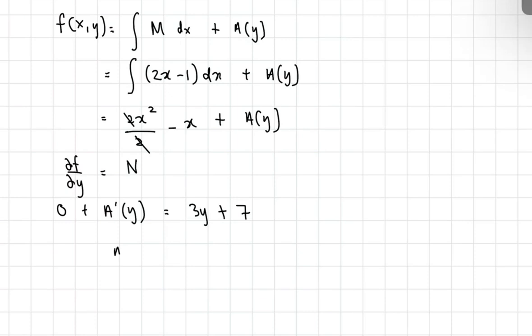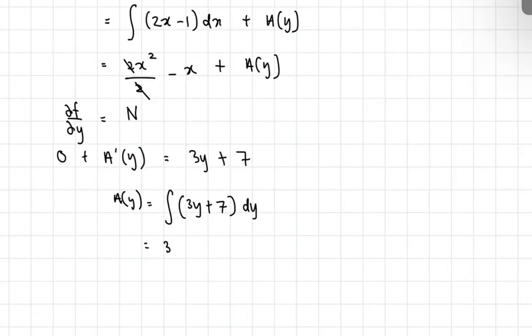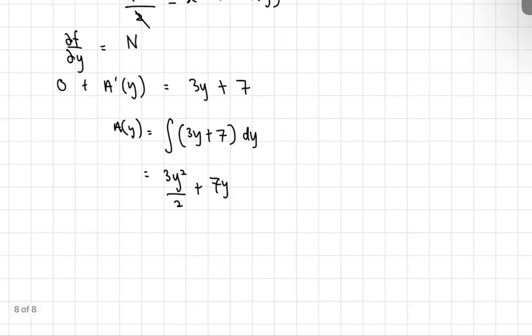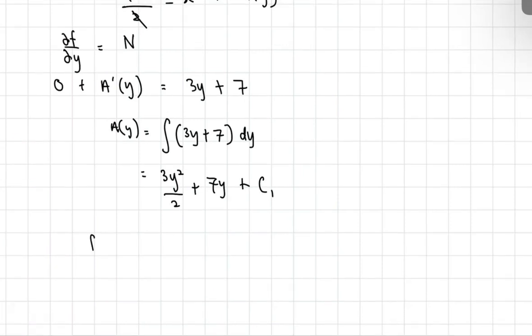So A(y) equals the integral of 3y plus 7 with respect to y. So we have 3y squared over 2 plus 7y. This is our A(y). And actually when we integrate, we get a constant c1. Since our solution f(x,y) must equal some constant, let's say c2.